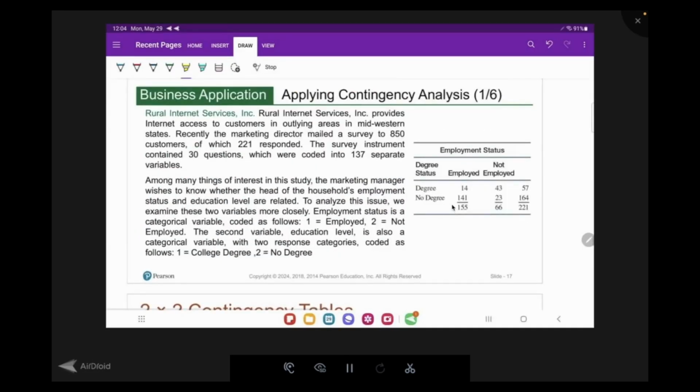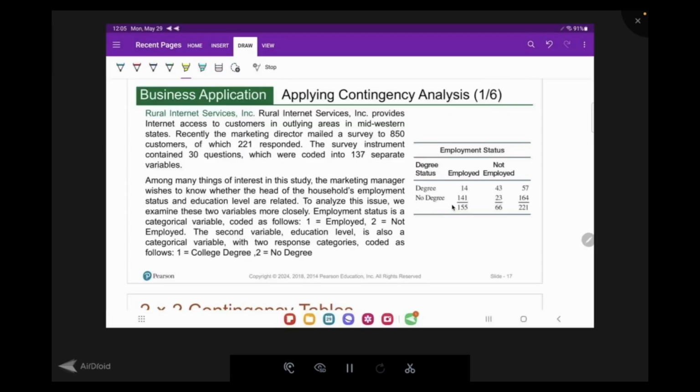Example: Rural Intro Services provides internet access to customers in outlying areas in Midwest states. Recently, the marketing director mailed a survey to 850 customers. 221 responded. The survey instrument contained 30 questions, and they were coded into 137 separate variables.